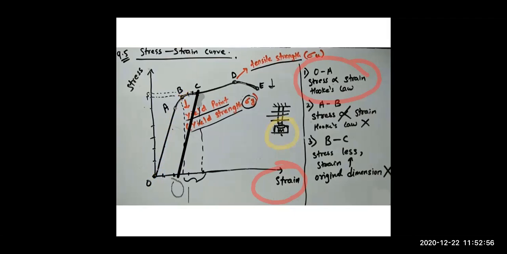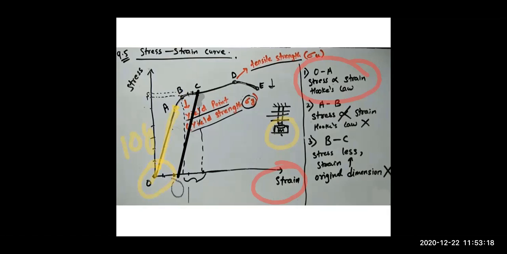Similar is the case with OA. Suppose you had put a weight of 10 grams and it reached from O to A, and suppose you remove that 10 gram weight, then it will come back from A to O, that is, it will again regain its original shape and size.